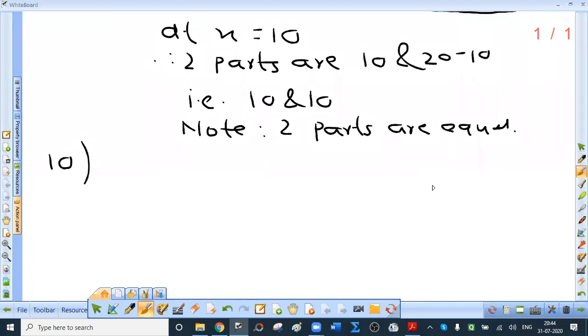Let x meter be the length and y meter be the breadth of rectangle.